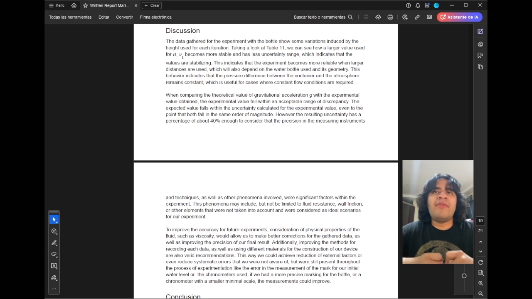Now, our gravitational acceleration value contained a relatively large uncertainty, which was about 40%. We could think of several reasons why we obtained such large uncertainty. Measuring techniques, ideal conditions, or even phenomena that were not considered could affect this value in a way we couldn't notice this time, but that in the future could affect other kinds of measurements.